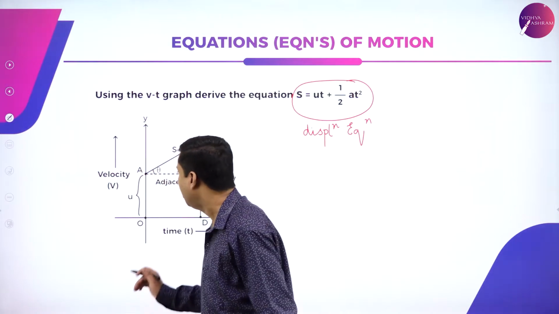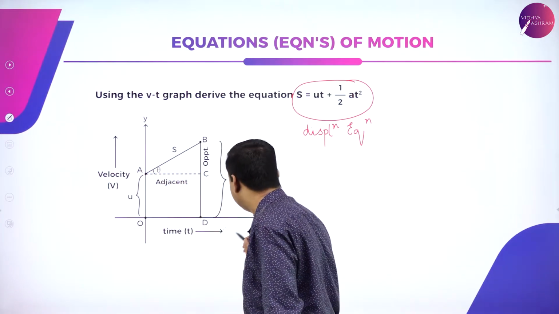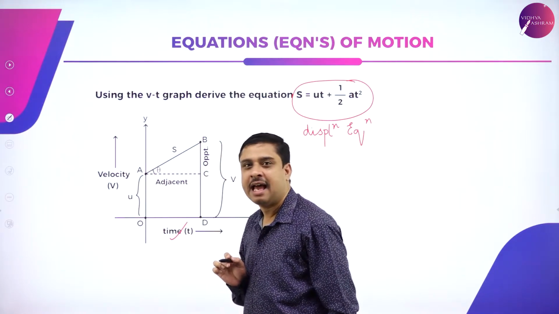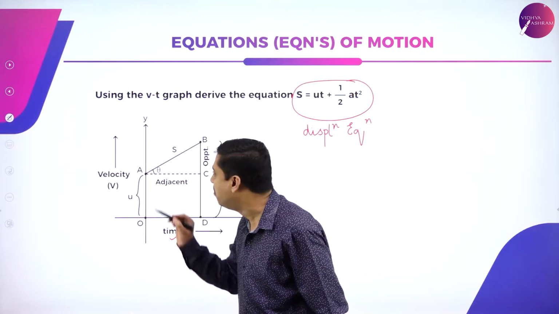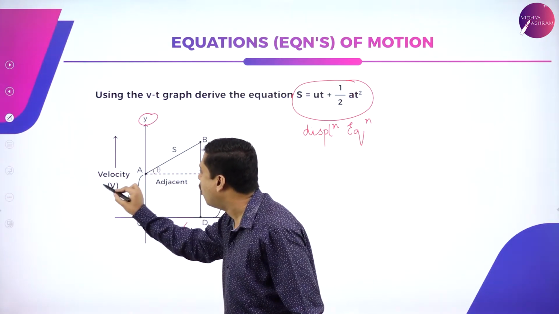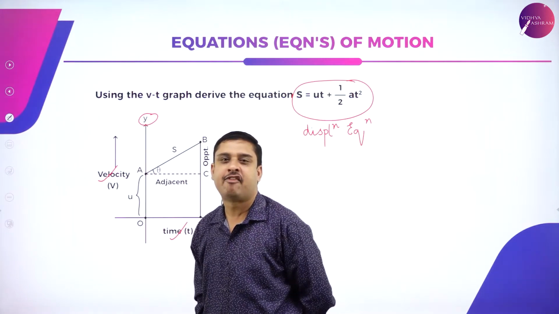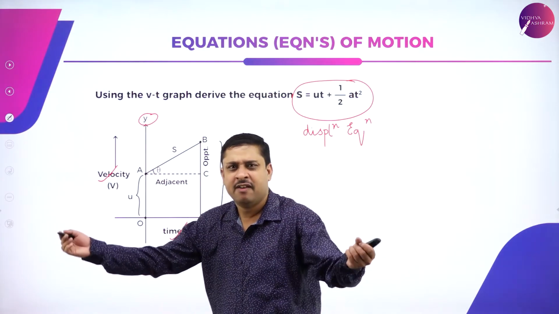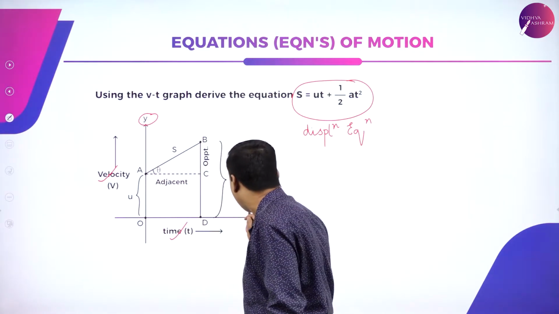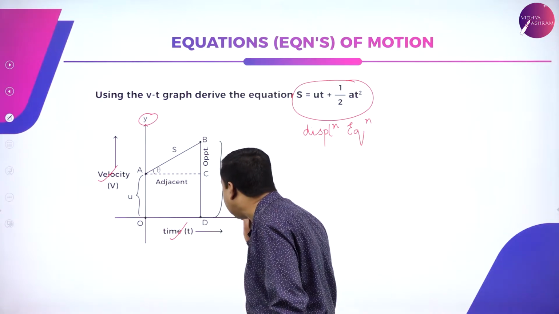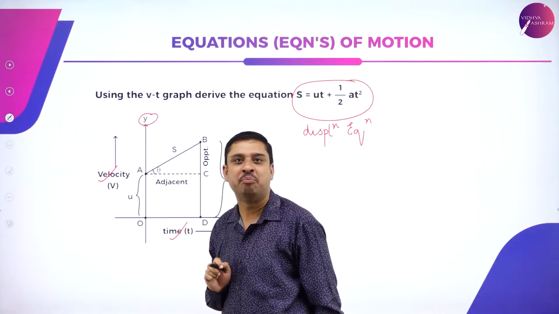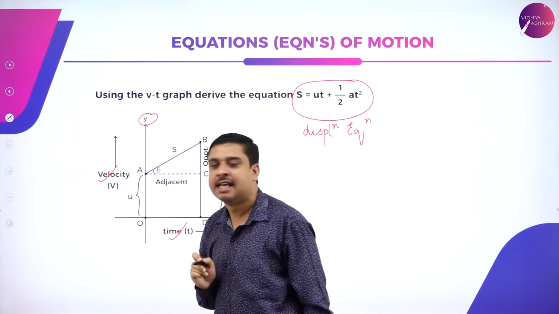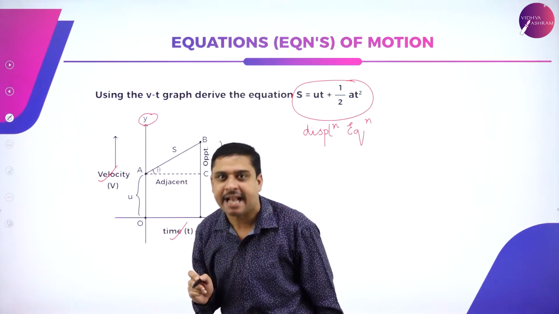Now, to begin with again, along the x-axis, I have plotted time, and along the y-axis, I have plotted velocity. In our VT graph, naturally, the quantity along the x-axis is time, and the quantity along the y-axis is velocity.